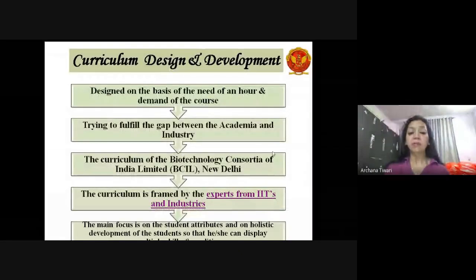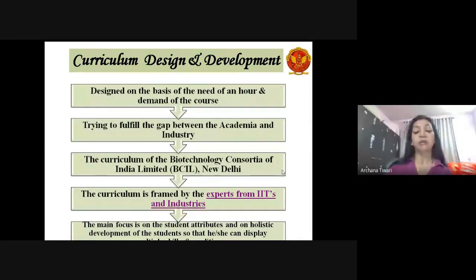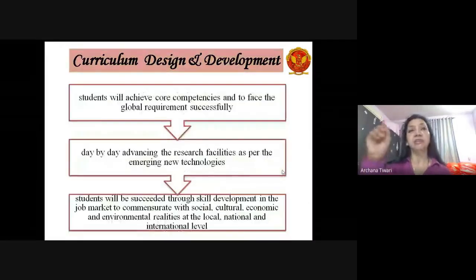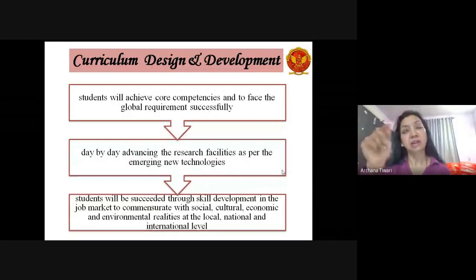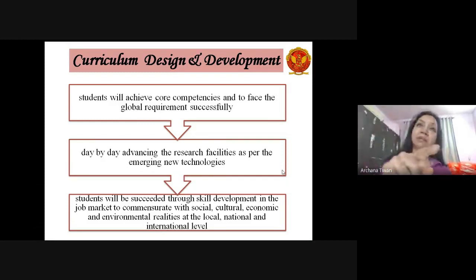Then the main focus of this curriculum is on the students' attributes and on holistic development of the students, so that they can display multiple skills and qualities. Whatever qualities the students have, they have to show on this platform of the School of Biotechnology, at the level of PGCMB or at the level of MTech Biotechnology.